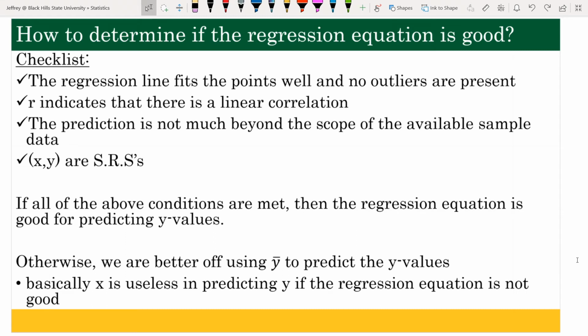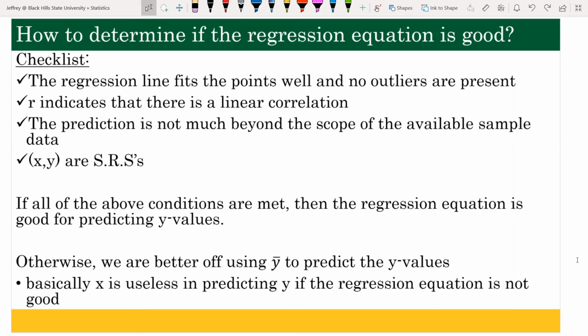You want to make sure that your prediction is not too far away from your data set. And we, of course, need to make sure that our data points, our x, y coordinates, are simple random samples. If all these conditions are met, then we can go ahead and make our regression equation and use that to predict our y values.